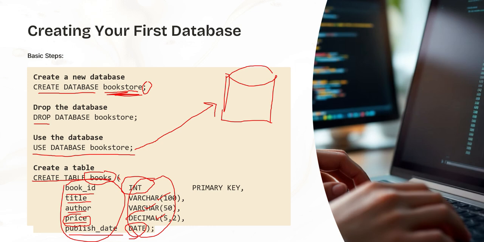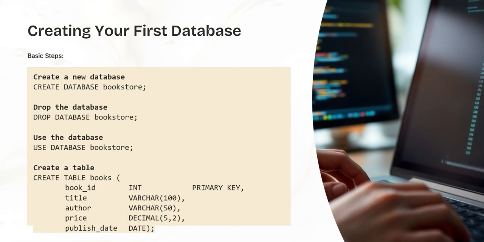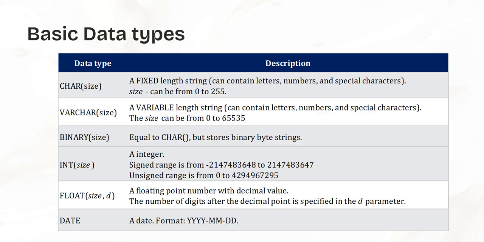There are so many data types for you to learn in SQL, but for this basic SQL training, we will try to understand the most important ones. These are self-explanatory. For example, character is a data type that takes only characters, and by default it has a length of 0 to 255 characters.